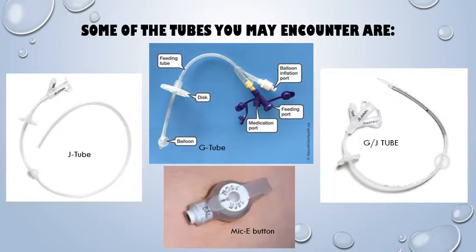Some tubes you may encounter are G-tubes, Mickey buttons, PEG tubes. They go directly into the stomach. They are held in place by a balloon. Gastrojejunostomy tubes or GJ tubes are placed surgically in the stomach and small bowel in a single unit tube.